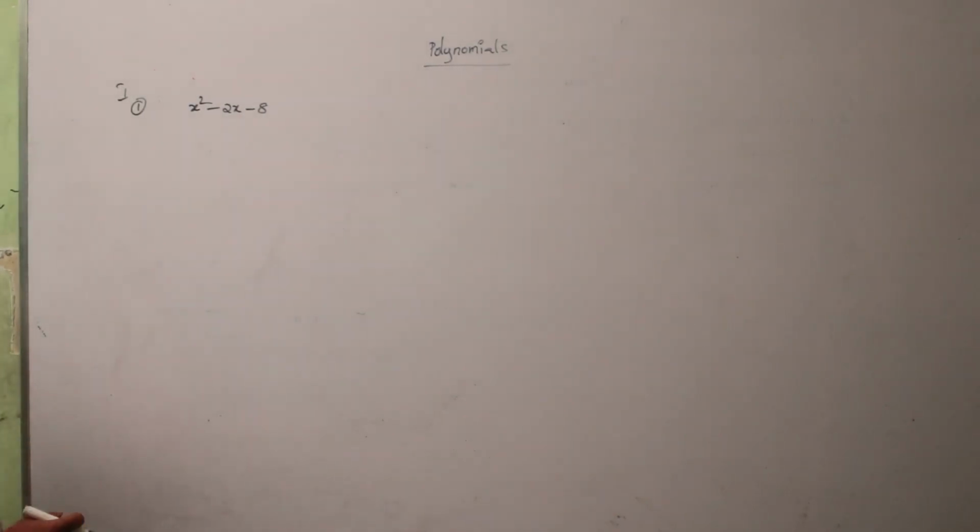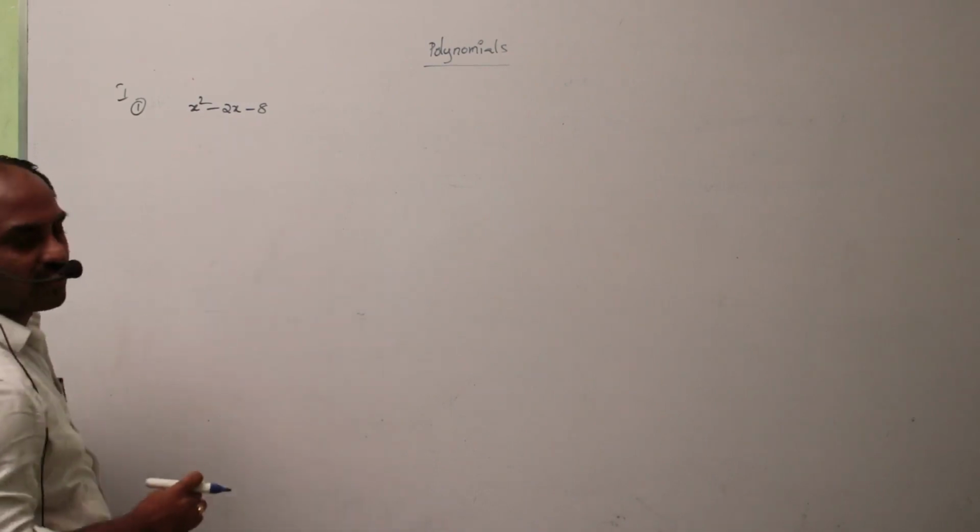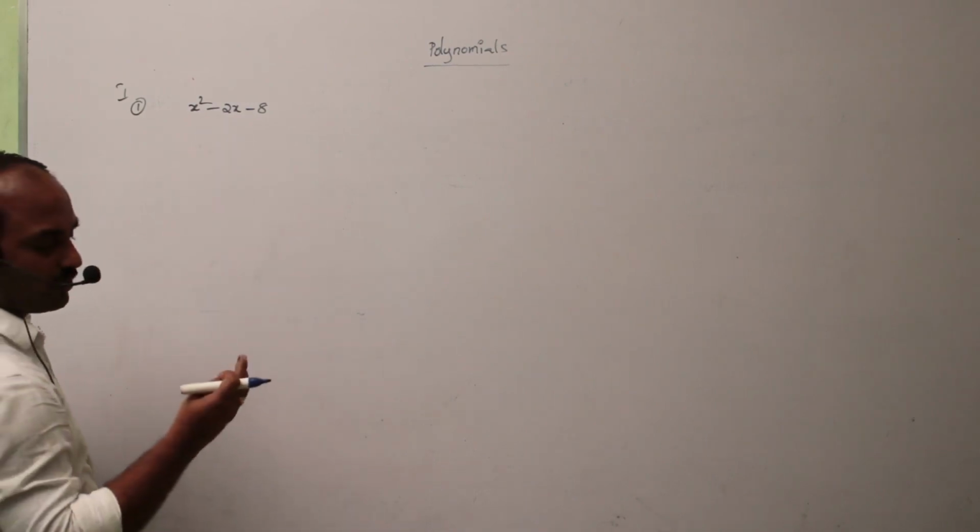This is the given polynomial. So what is the question? First of all, you have to find the zeros of the polynomial, and the second one, verify the relationship between zeros and coefficients. You know how to find the zeros of the quadratic polynomial.